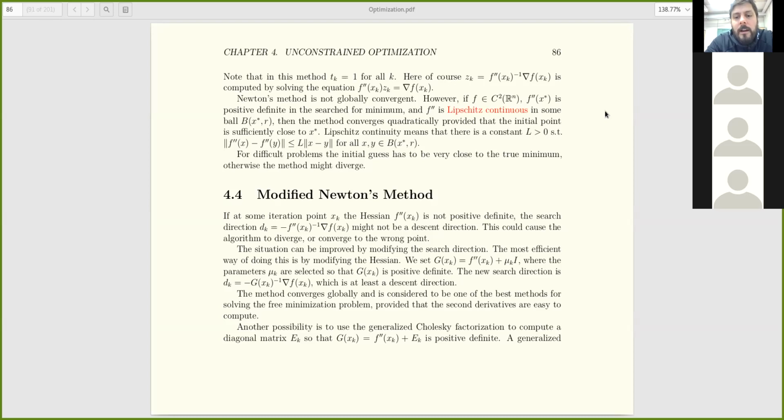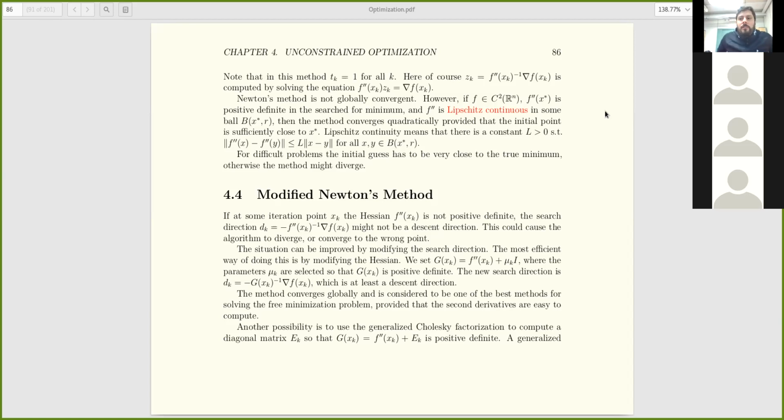So the modified Newton method you can think of as using the matrix G, which is obtained by taking the Hessian matrix and modifying it by adding a constant mu k to the diagonal.